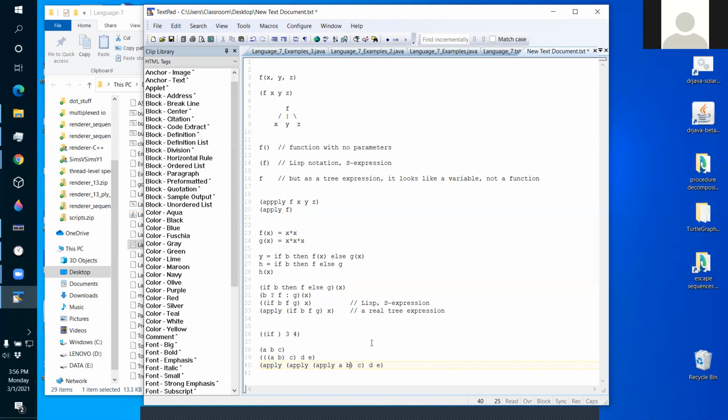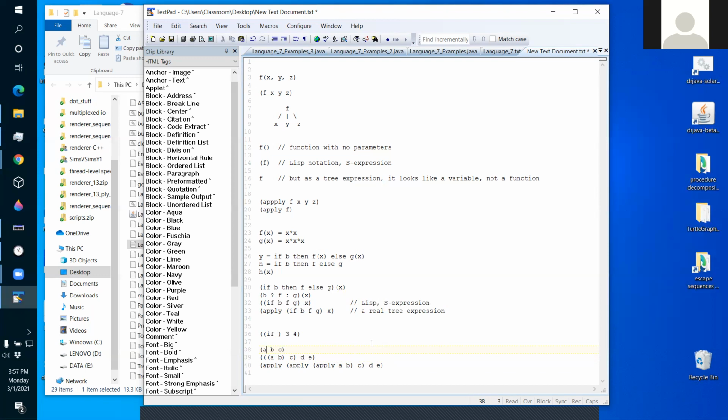That function gets applied to C, then you get back another function. Then that function is applied to D and E. Okay, and you get more. It's more verbose than that.